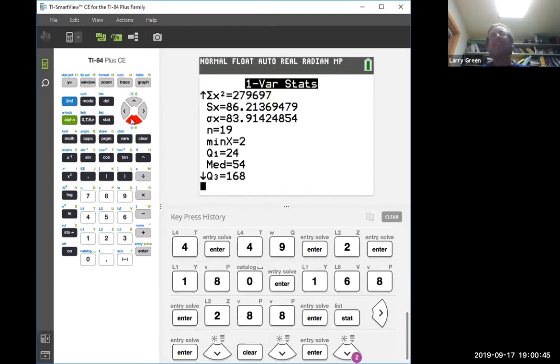And you might guess what the next one's going to be because you all wanted it. Max. So the max X is 288. That was the highest recorded data value. So these are the statistics that the calculator gives us. Any questions on these statistics?